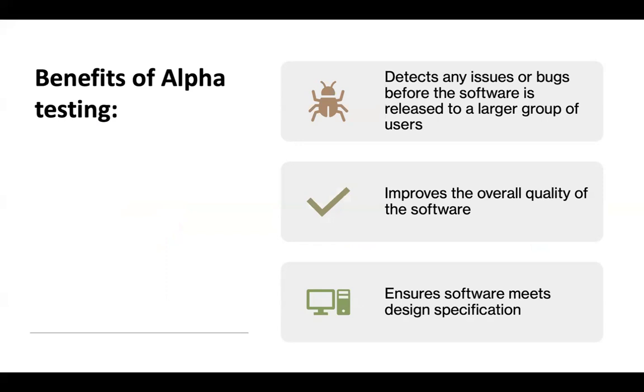It also detects any issues or bugs that the software has before we release it to a larger group of people, whether it be the actual launch, if somebody decides to not perform beta testing. So either you test that all of these bugs and issues are fixed before you launch your product, or before you launch it into the beta testing.